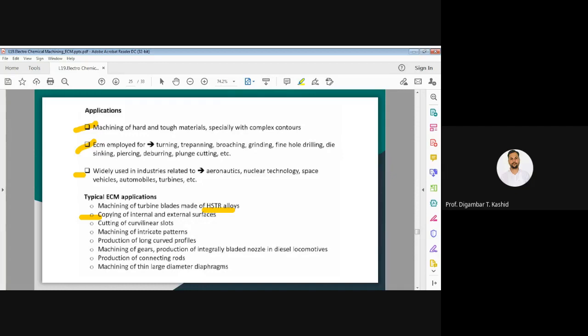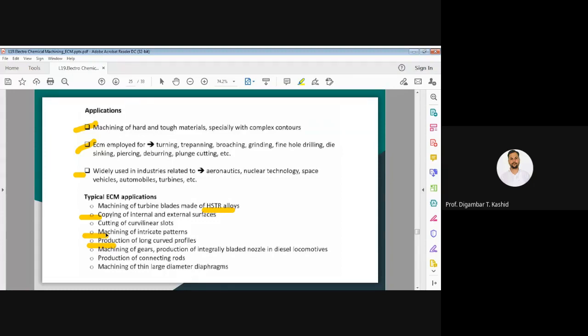Again, production of long curve profiles. Machining of intricate patterns, that means complex contours, you can produce using ECM. For production of long curve profiles you can use ECM. Any kind of long curve profile you can generate by this ECM process.